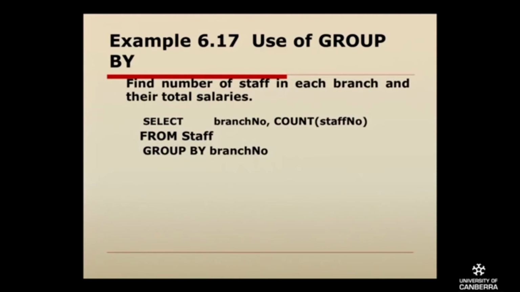The branch number is one attribute, and then we want the total number of staff that work in that branch. For each branch number, group together, count the number of staff that work there, and display that. This is what group by is: it groups a set of rows. We go through the staff table and count the staff based on each branch number, so we group them together and find out how many staff work in each branch.